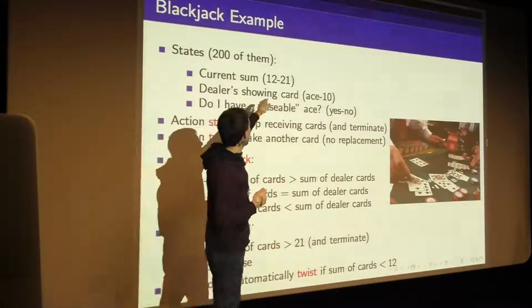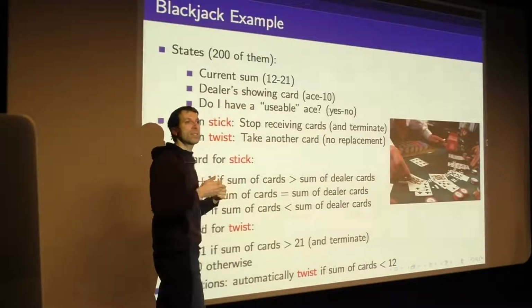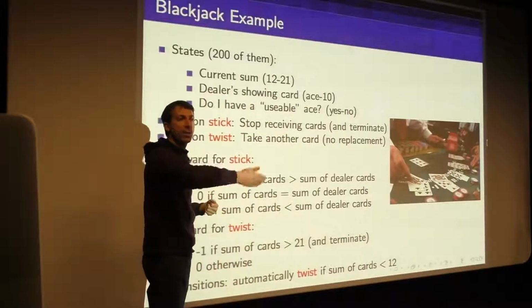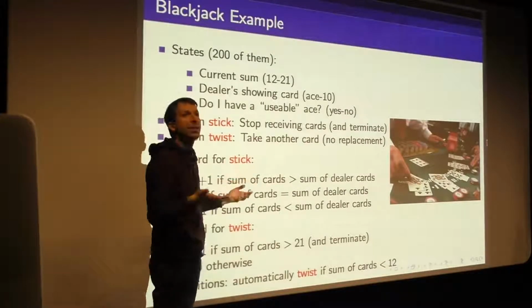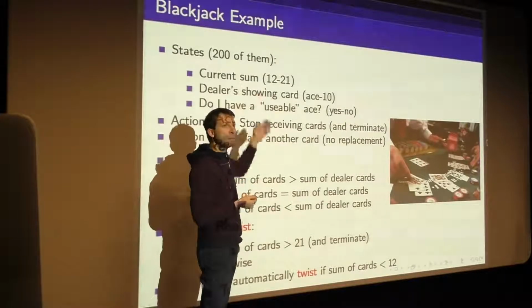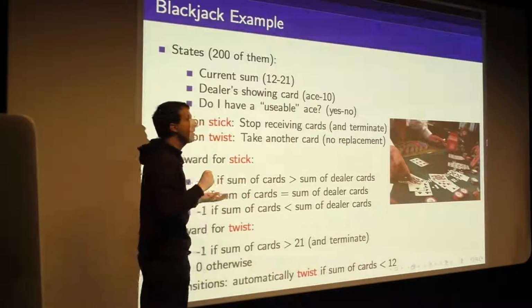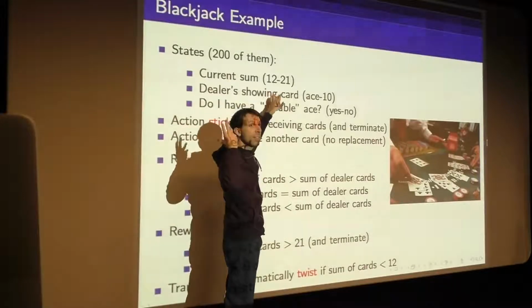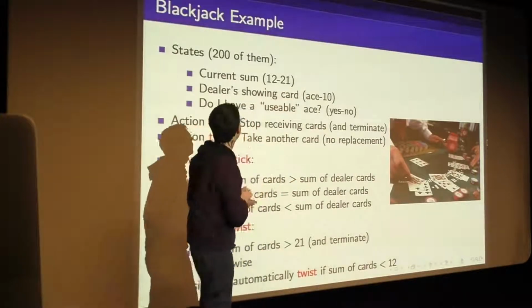And note that we're not going to consider sums below 12, because for those states we're just going to automatically ask for another card. Because for free you can ask for another card, and it's not an interesting decision at that point. If you have less than 12, there's no interesting decision to make, because you'll always ask for another card. Okay, so we're only going to consider the states where we actually have an interesting decision to make, where the sum of our cards is between 12 and 21.